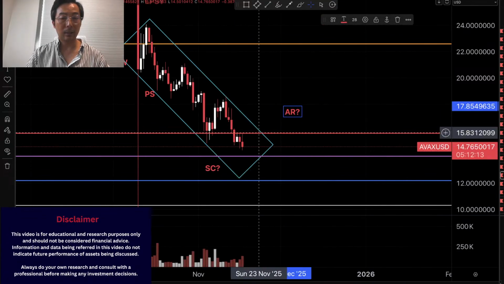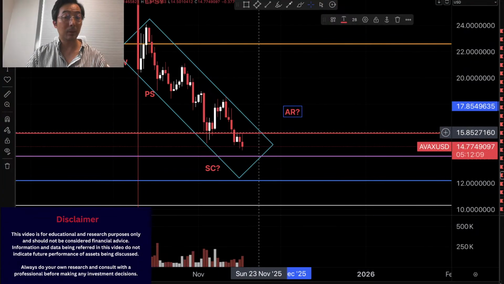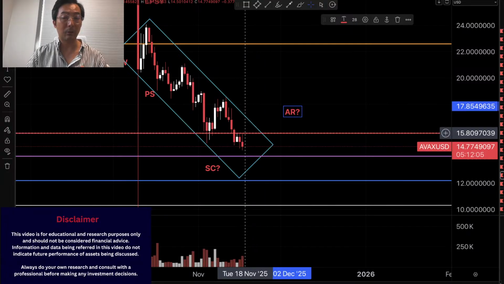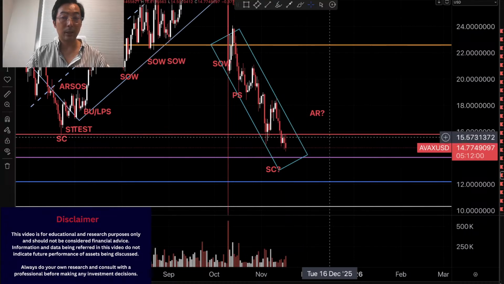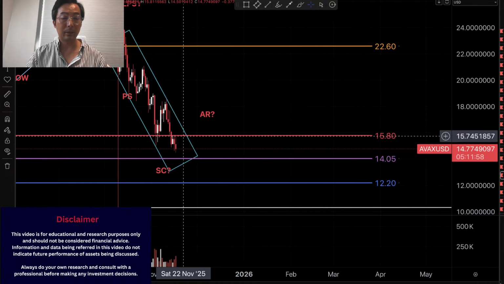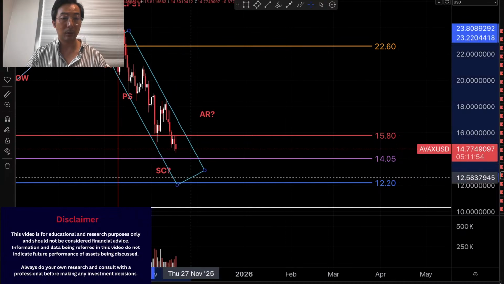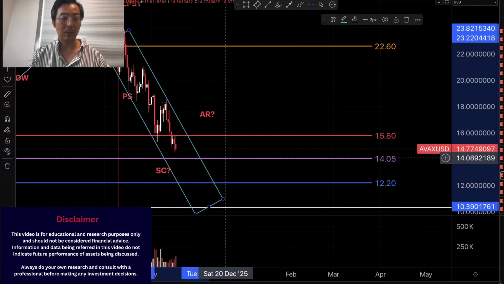And looking at this, AVAX has just missed the chance to break out of this channel, because if it stayed above the red key level of $15.80, the chance of it to break out was about next weekend. Now that it has dropped even lower, let me extend the box, or this air hockey table.